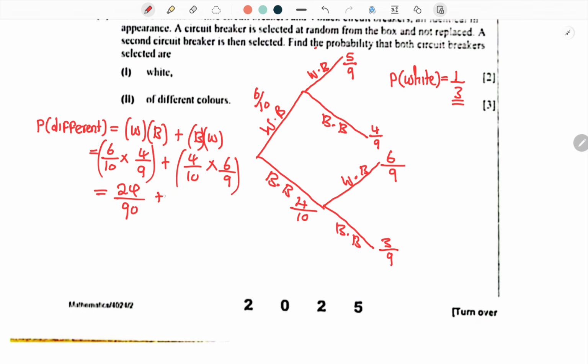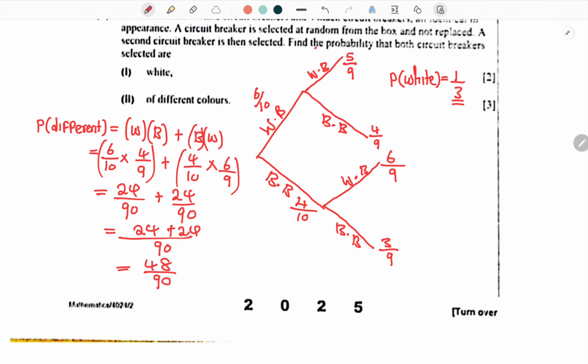From there, you're going to get 24/90 plus 24/90. Of course, our common denominator is simply 90, so we have 24 plus 24, which is 48/90.